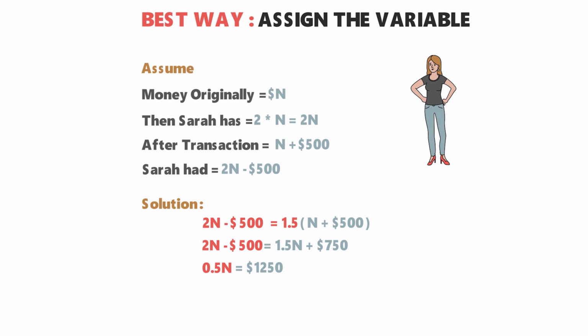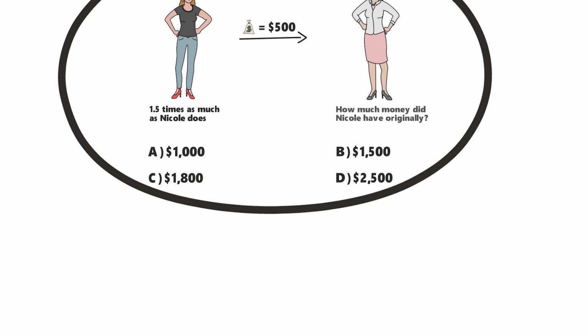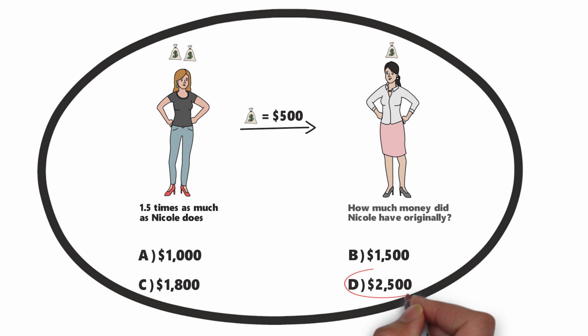After the calculation, we can see that N equals $2,500, which means Nicole originally had $2,500. So the correct choice here is choice D. Hopefully you've nailed this question and now know how to answer similar problems on the test.